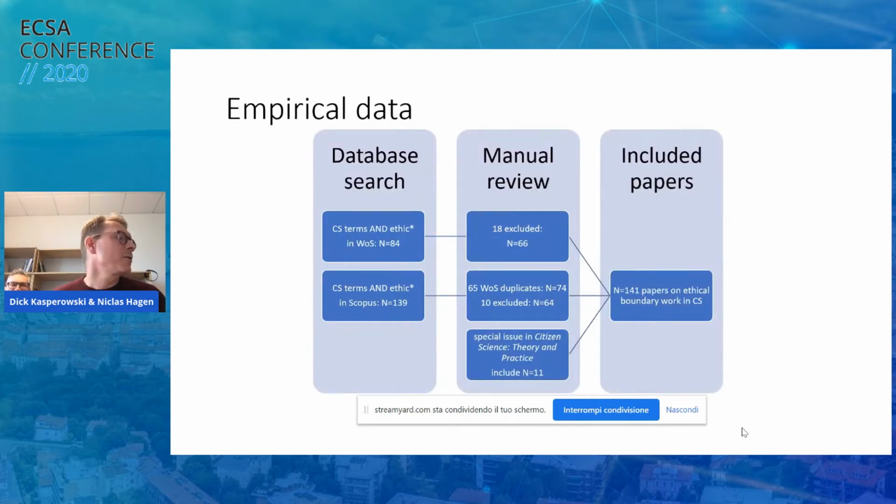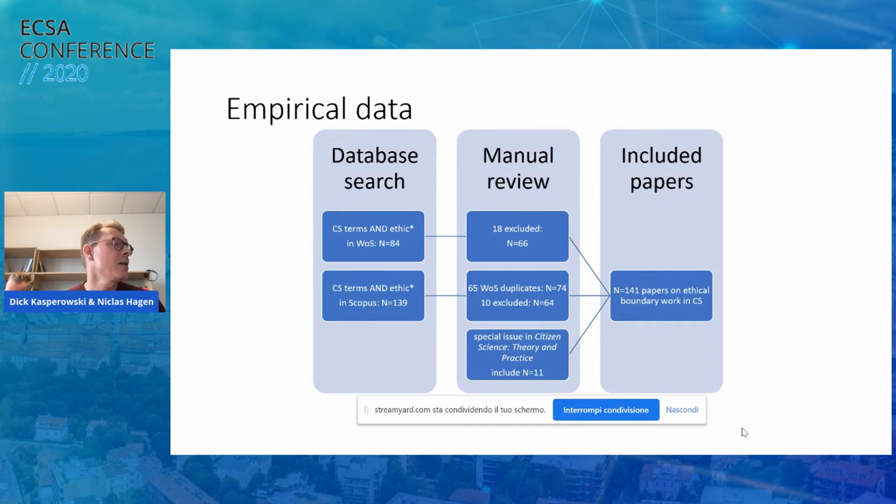In order to study the ethical boundary work within citizen science, we have employed a meta-study of the field, studying citizen science publications in scientific journals. This qualitative work was initiated by a database search, where we searched Web of Science and Scopus using a modified search string originally developed by Kasperowski and a colleague of ours, Christopher Kullingberg, for a publication in PLOS ONE in 2016.